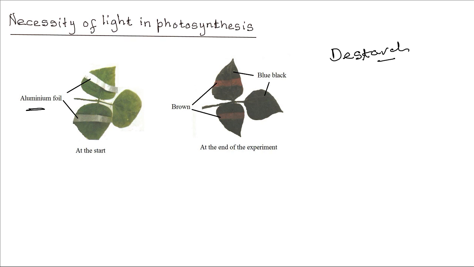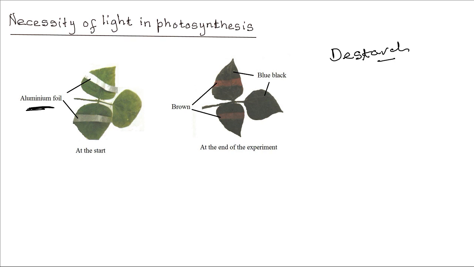So they presented the blue-black color. But the parts that were covered with aluminium foil show brown color, meaning the absence of starch. Now, why is this so? In these areas, no starch was formed because light was excluded.